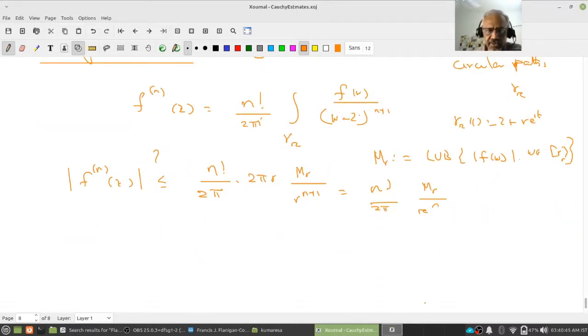These estimates are called Cauchy estimates. So in particular, put c_n: mod c_n is less than or equal to, n factorial goes away, therefore it is Mr by r power n. These two are called Cauchy estimates.